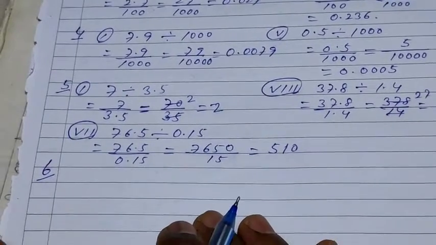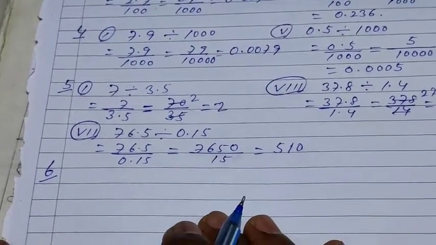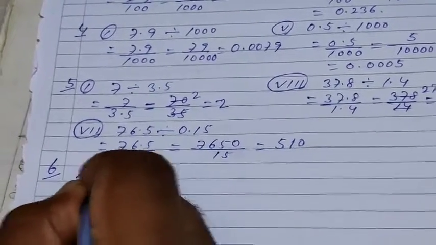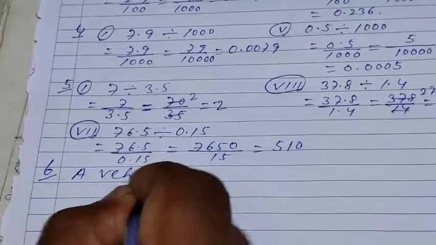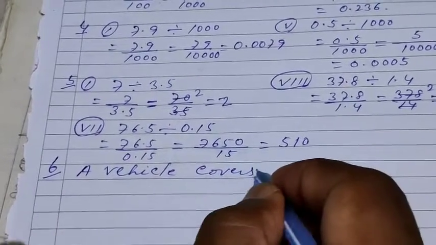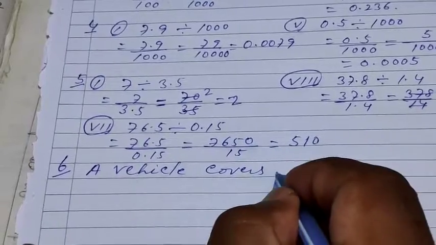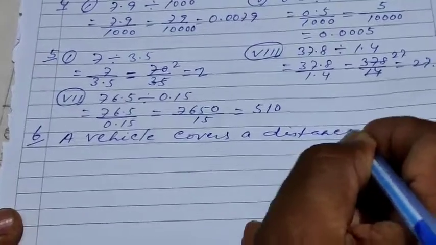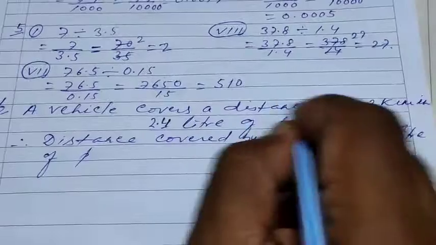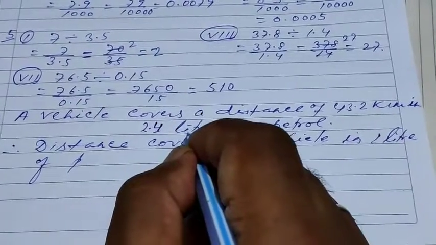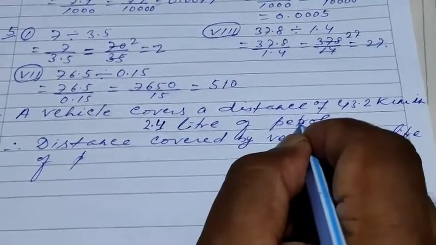Now, a vehicle covers a distance of 43.2 km in 2.4 liters of petrol.